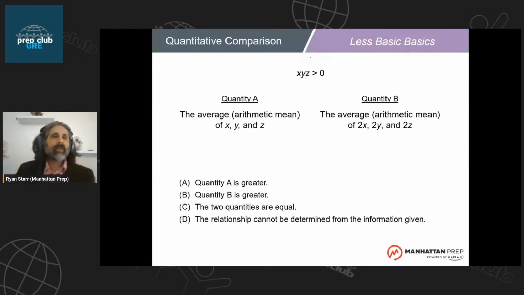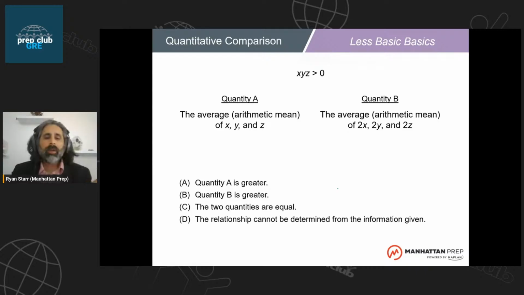That they'll come on looking all innocent. This one might be a good example of that, right? We have the average of x, y, and z on the left. We have the average of 2x, 2y, and 2z on the right. On the surface, it looks a bit like quantity B should win because it should be kind of double whatever quantity A is, right? Just on the surface, especially bearing in mind that x, y, z here is positive, right?